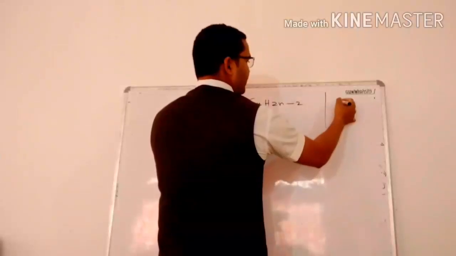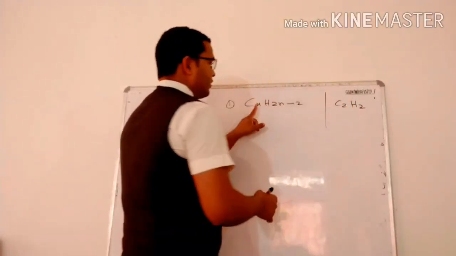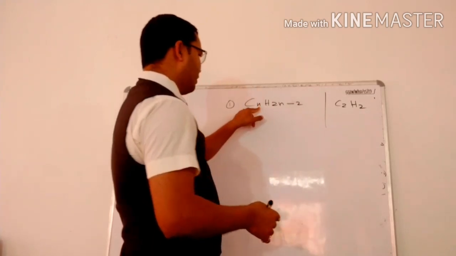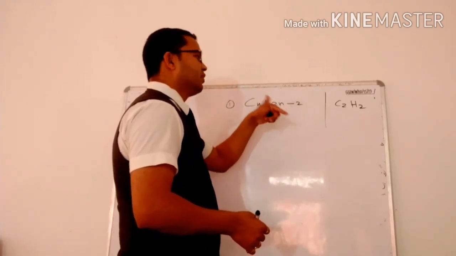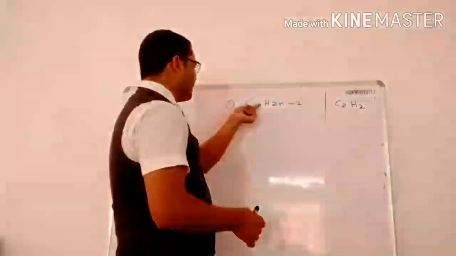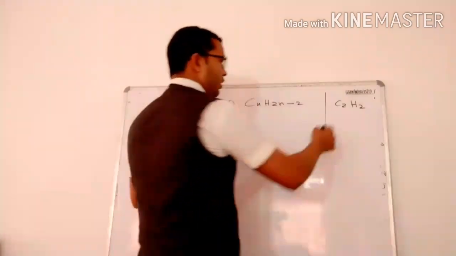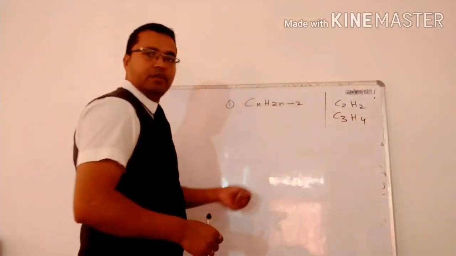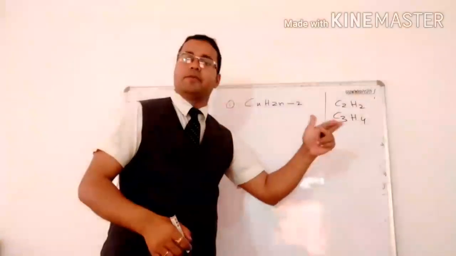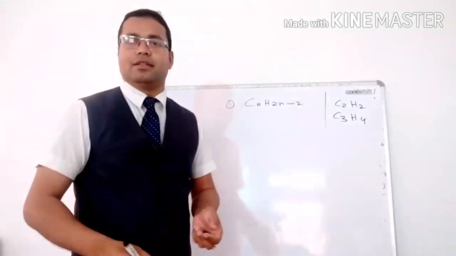Already we got the first formula, C2H2. If the number of carbon is 2, then put 2 here: 2 into 2, 4 minus 2, the hydrogen is also 2. If carbon is 3, then 2 times 3 is 6 minus 2, the hydrogen will be 4. The second member was C3H4. So using this formula you can find any compound of the alkyne series.